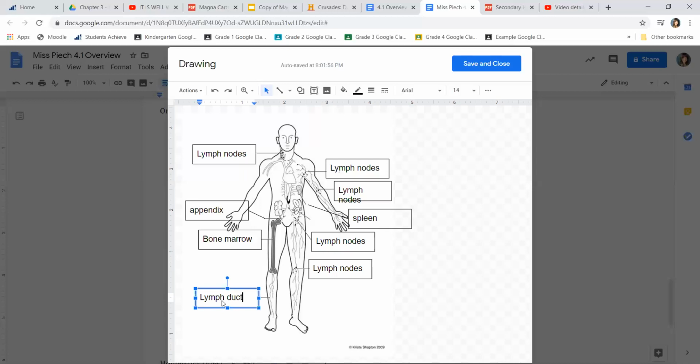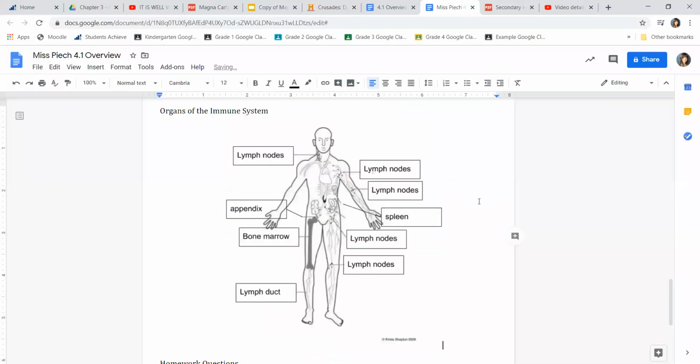The lymph nodes, lymph duct, and everything are all part of our lymphatic system, which is part of our immune system that helps fight against illness and keep us healthy. It helps filter out the things that are not good for us, that could harm us, and gets rid of them as quickly as possible.